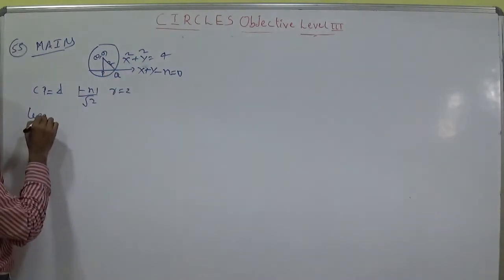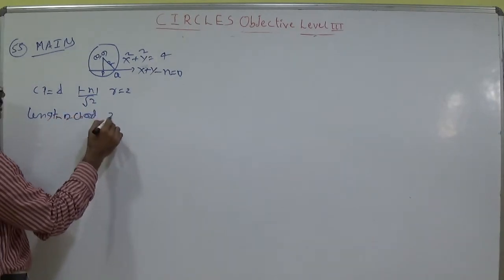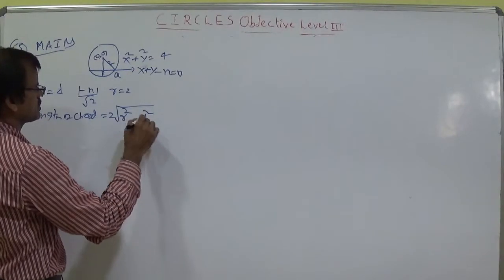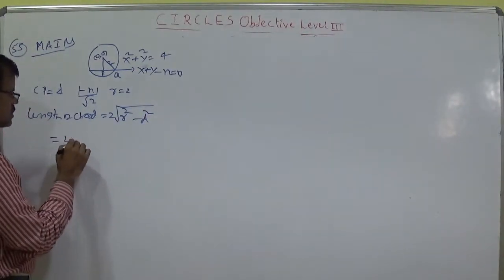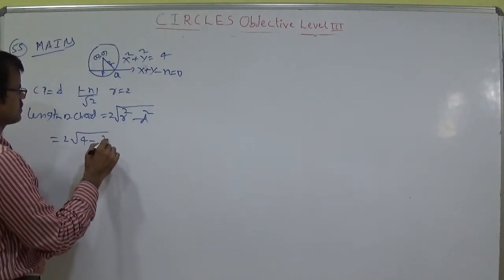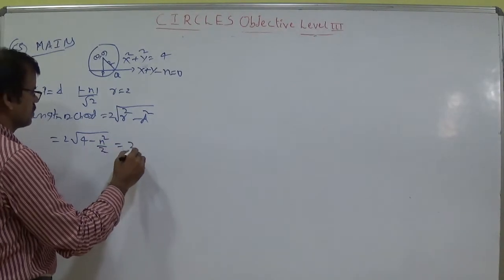Length of chord formula is 2 root r square minus d square. That is equal to 2 root of r square, which is 4, minus d square, which is n square by 2.